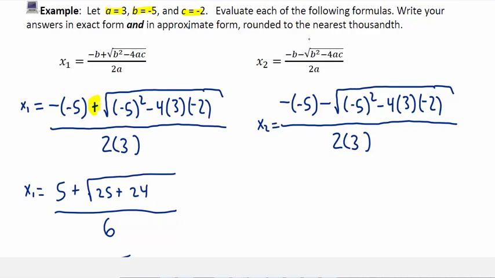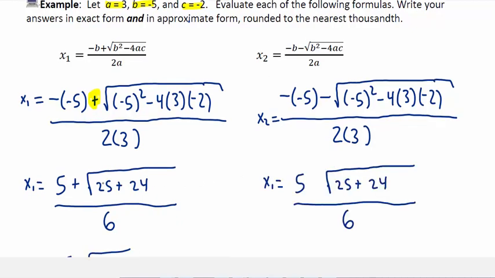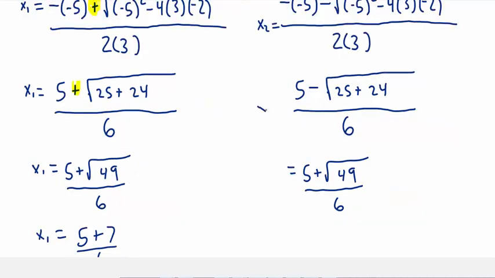So how would that have made things change? So in my second step, everything would have come out the same, except I would have a subtract here instead of a plus, and I need to change this to x sub 2. On the next step, we would have gotten 5 subtract the square root of 49 all over 6 instead of addition.